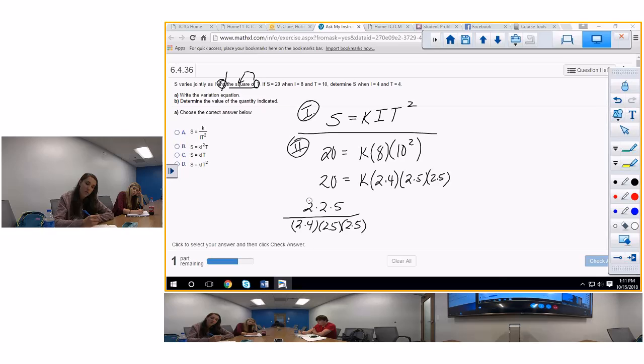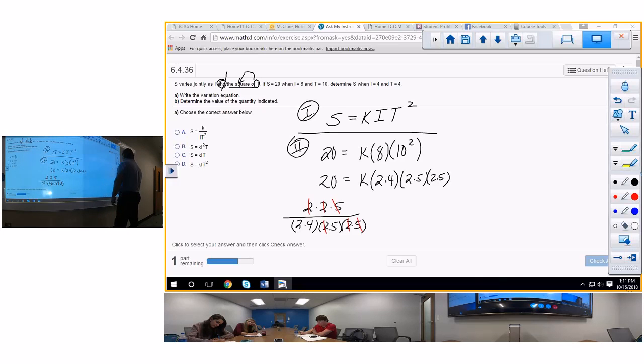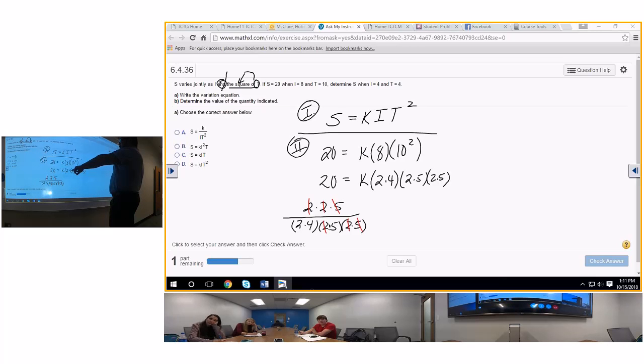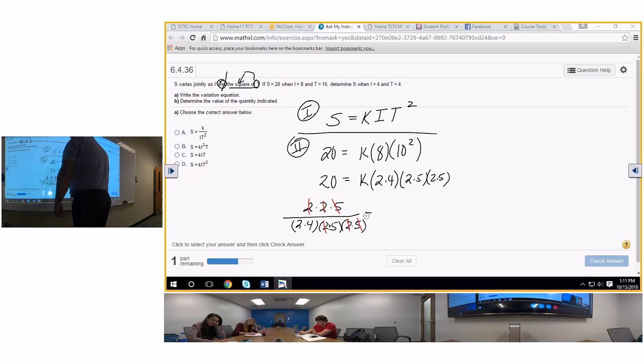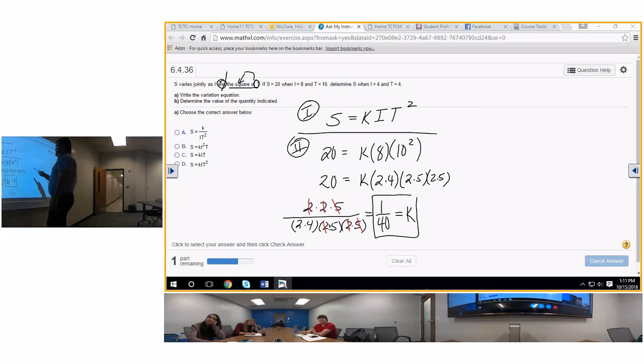So I'm going to cancel this 2 with that 2, that 5 with that 5, and this 2 with that 2. So somebody do the finishing. 2 times 4 is what? 8. And 8 times 5 is what? 40. So K is equal to what? 1 over 40.